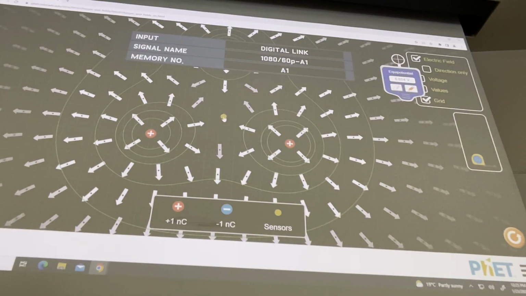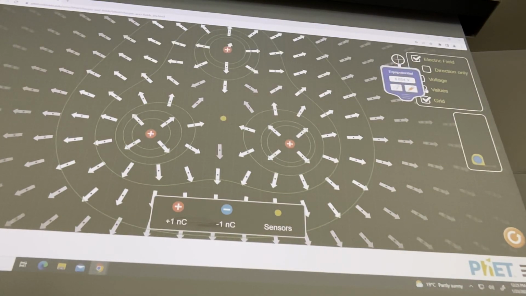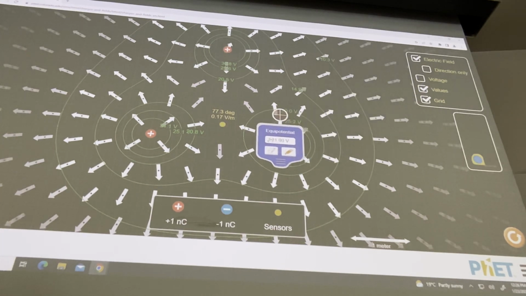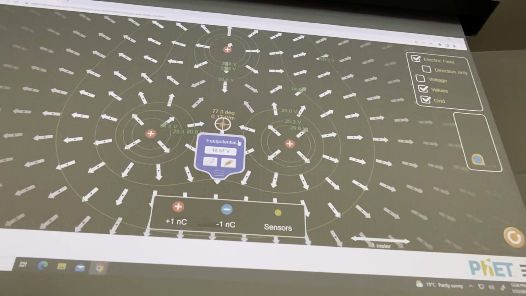If I put my electric field sensor at the middle, my electric field does actually go to 0, somewhere in here. I'm kind of not finicky enough to find it. So my electric field is shown right here, 0.17 volts per meter. My electric potential at that same spot, not 0, 18.5 volts.